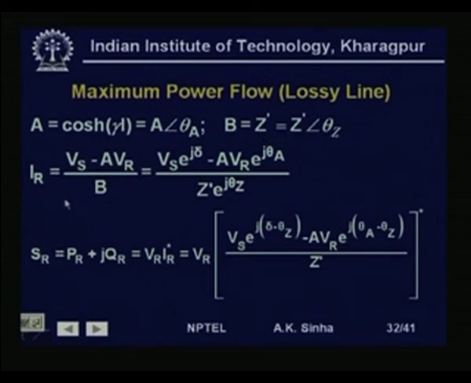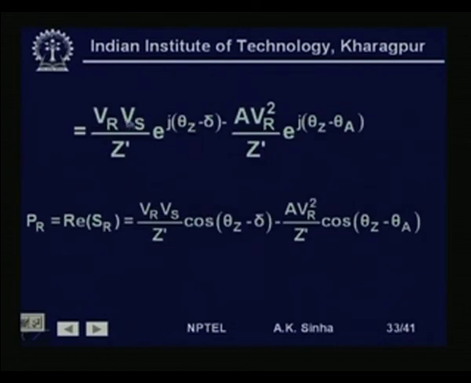Then we can write IR in the same way as Vs minus A VR divided by B, and substituting these values we will get SR, that is equal to VR IR conjugate. This term will come out to be VR Vs by Z dash e to the power j(theta Z minus delta) minus A VR square by Z dash e to the power j(theta Z minus theta A).